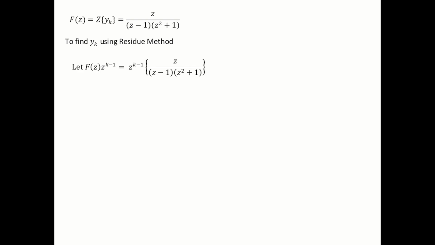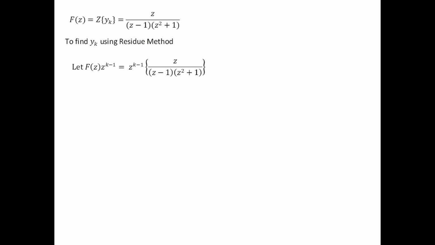By the residue method, we need to find F(z) into z power k minus 1 first. Multiplying z power k minus 1 on both sides, F(z) into z power k minus 1 is equal to z power k minus 1 into z by (z minus 1)(z square plus 1).